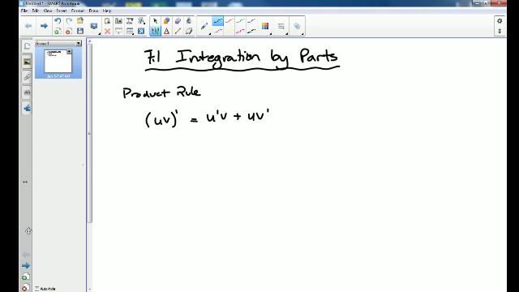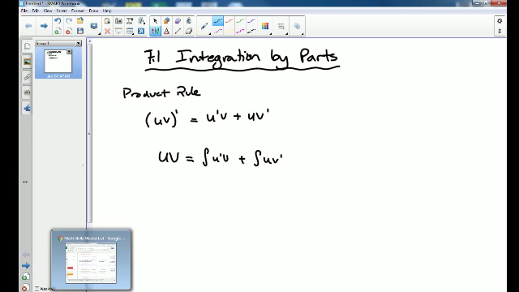We can use this to build integration. So if I integrate, what I end up with is uv equals the integral, which we don't know what the integral is already.